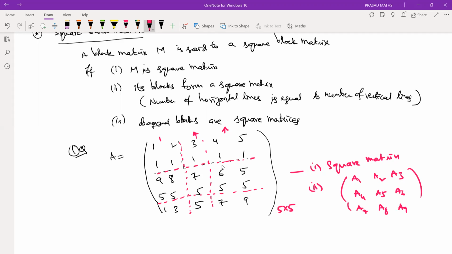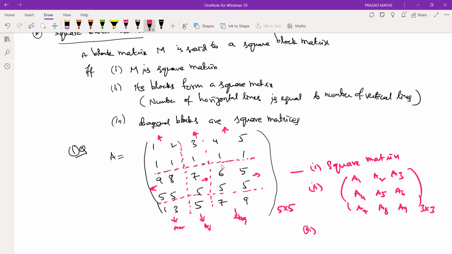Therefore, it is a 3 by 3 matrix. Therefore, it is also a square matrix. So it satisfies the second condition.